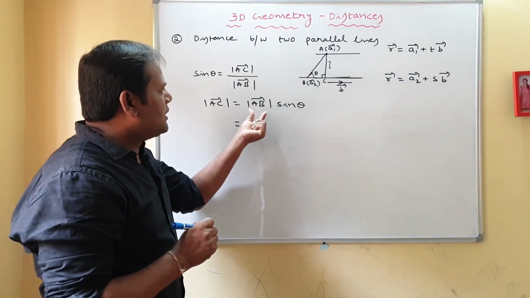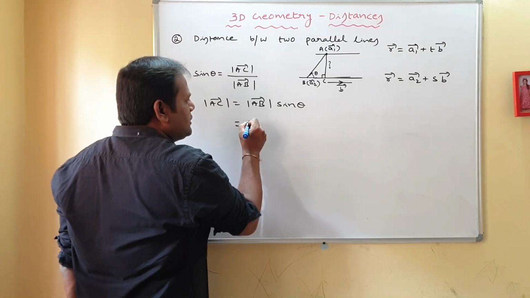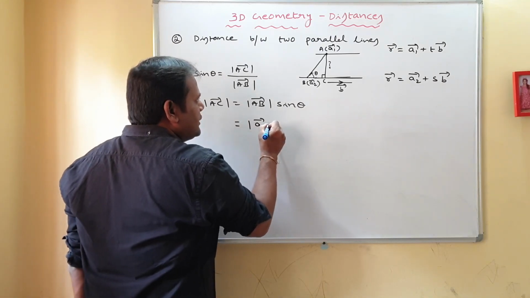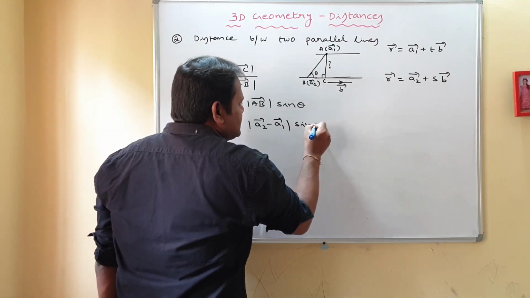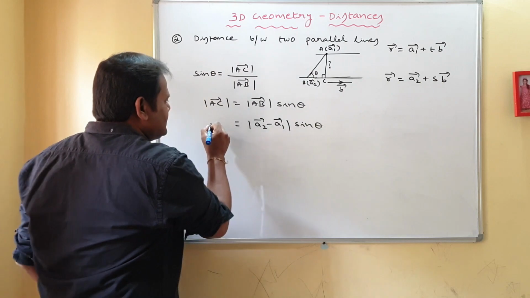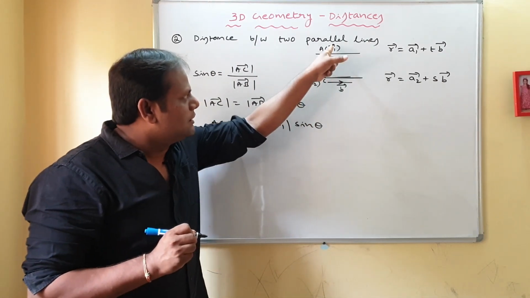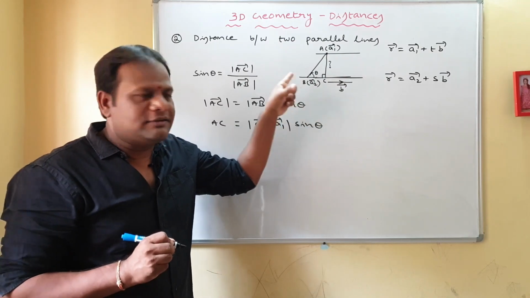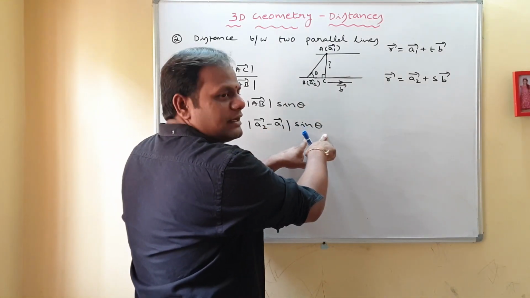What is mod AB bar? OB bar minus OA bar. So that is mod a2 bar minus a1 bar into sine theta. So the length AC, I mean the distance between two parallel lines, is mod a2 bar minus a1 bar into sine theta.